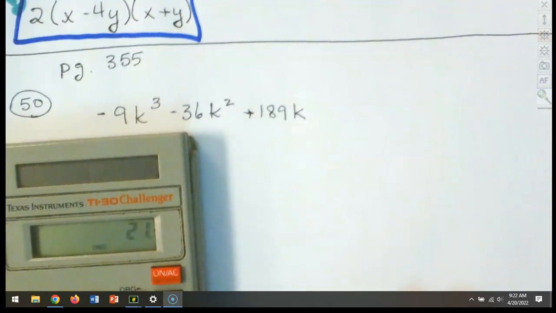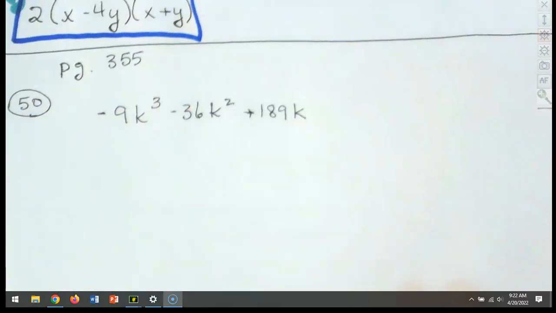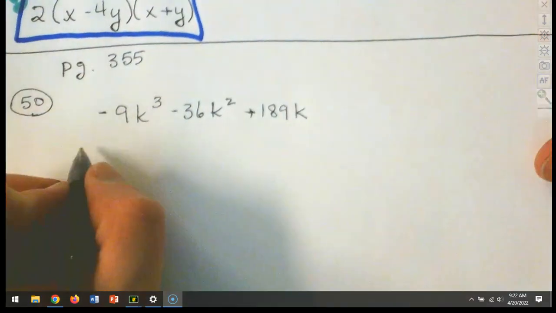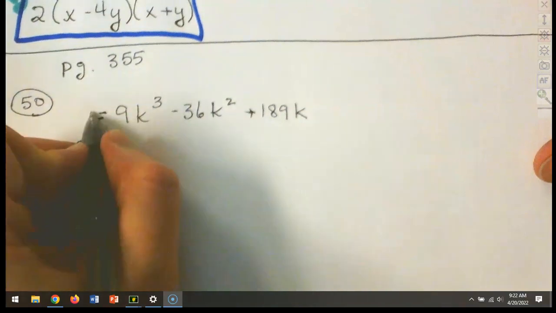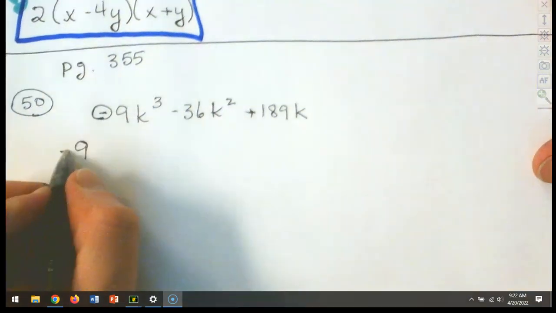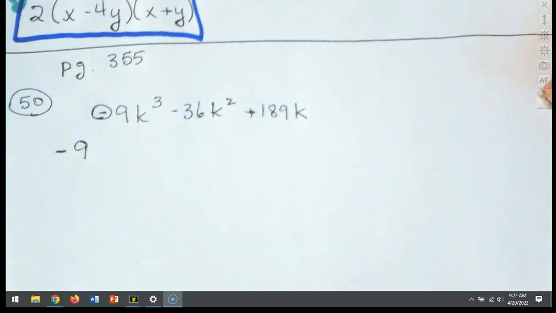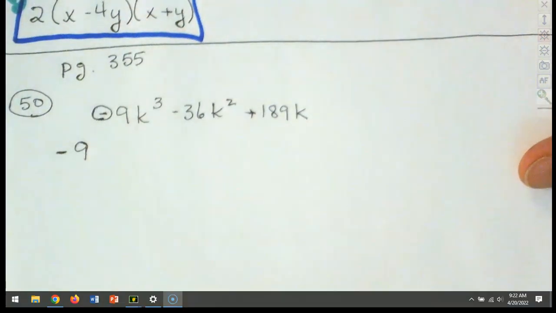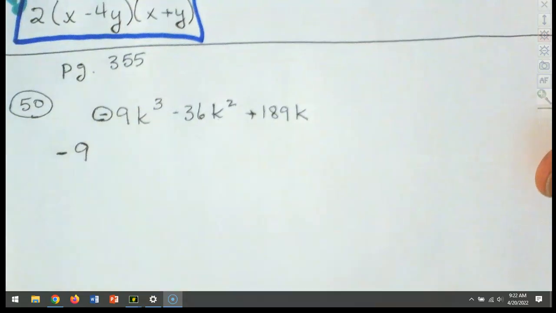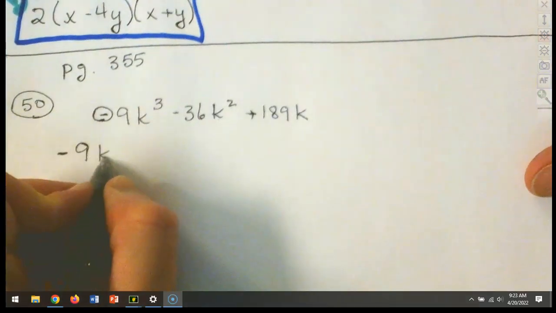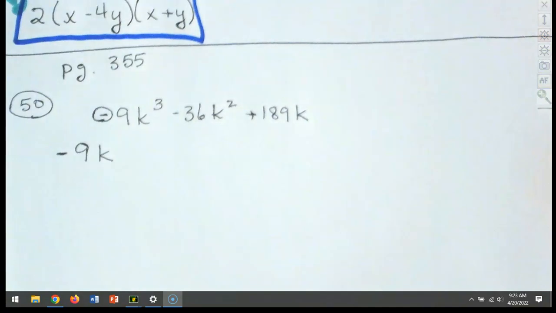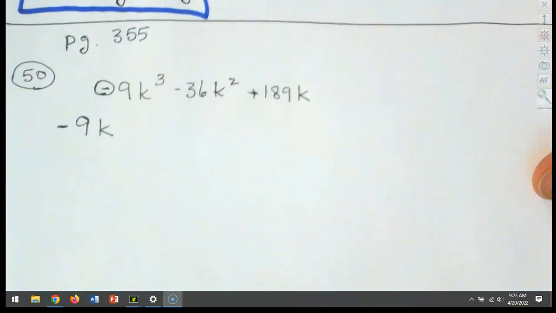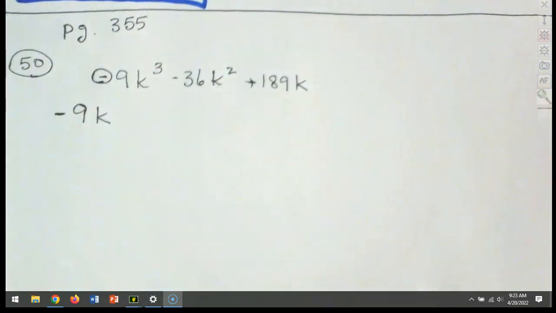Yes, it does. That's 21. So we know a 9 is going to come out. Now, what else do we know? It begins with a negative, so you have to factor out a negative to go along with that 9. And they also have a variable in common. And what variable do they have in common? They have a k. So that was my first step, was to check to see if we had a greatest common factor. And we did.